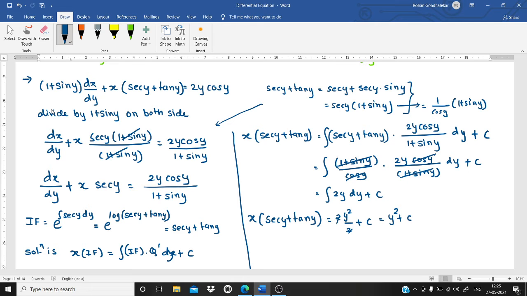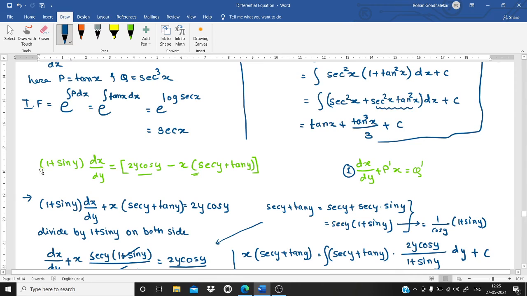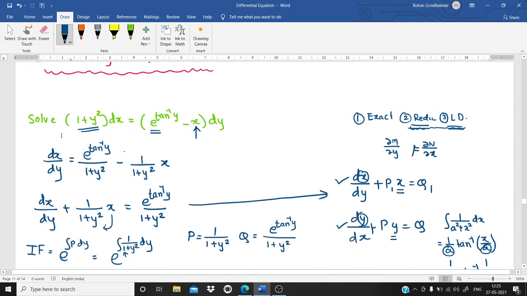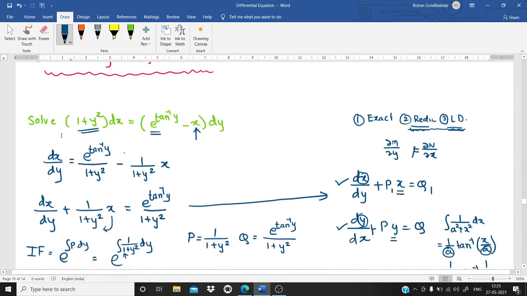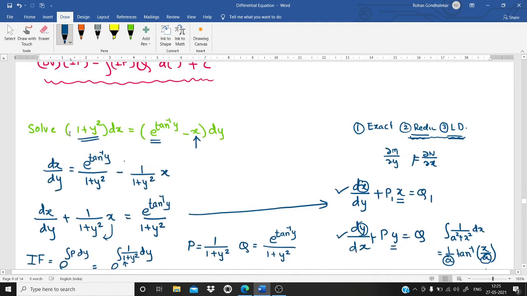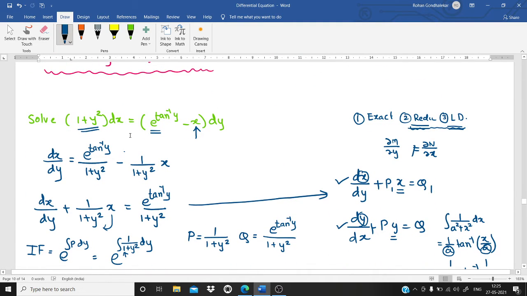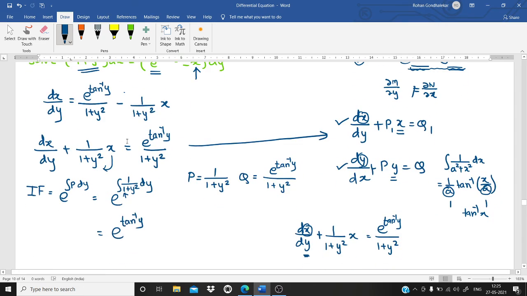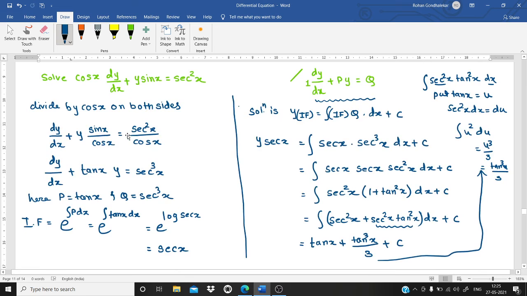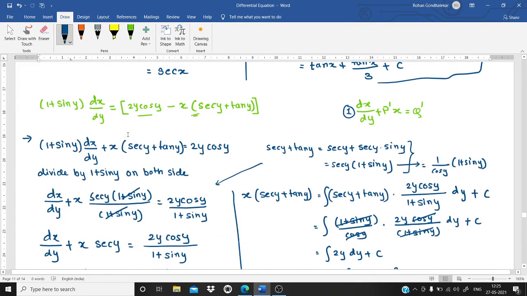Now what did you observe in these problems? I'll just go a little back, to the last lecture even. See our first example, this is our second problem, and this is the third problem.